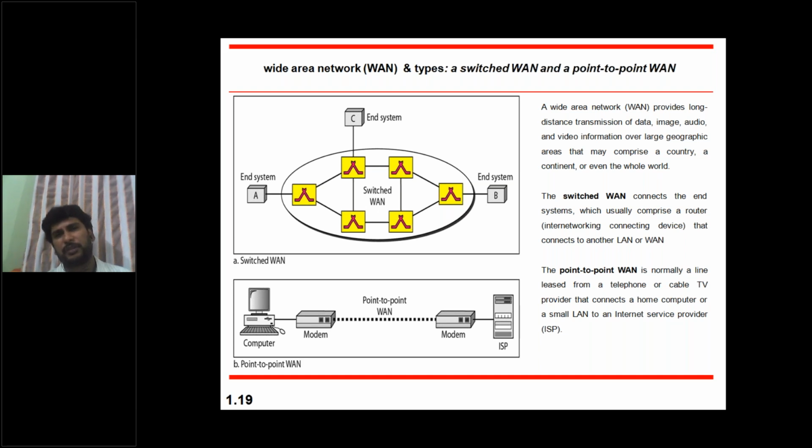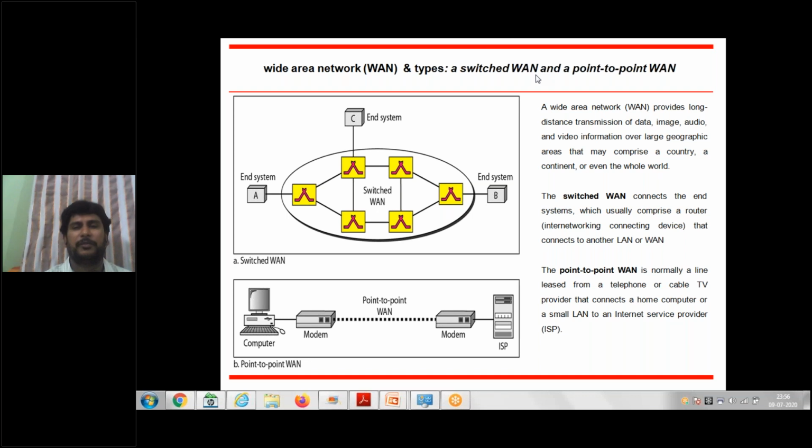When you are trying to connect two different devices or two different stations using a dedicated line kind of connectivity, then we refer to the type of network as a point-to-point WAN. But if you are trying to connect the different devices, that is the source and destination, with the help of a number of intermediate devices such as routers, then the kind of network will be referred to as a switched WAN.